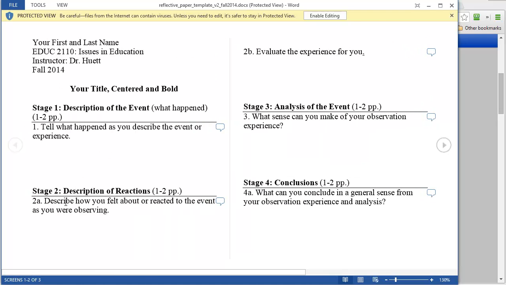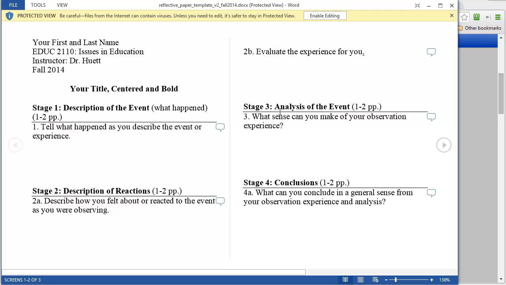Then the second thing you can do is actually react to it. How did these events that you're describing here make you feel? And you could maybe even evaluate. So I'd recommend that you do the stage 1 and 2 things in an ongoing fashion, and then maybe save stage 3 and stage 4 for later when you're wrapping up the paper, touching it up, embellishing it, making it readable, all that kind of stuff.